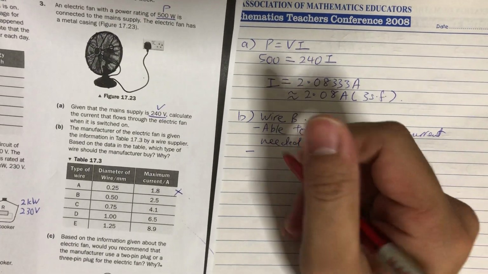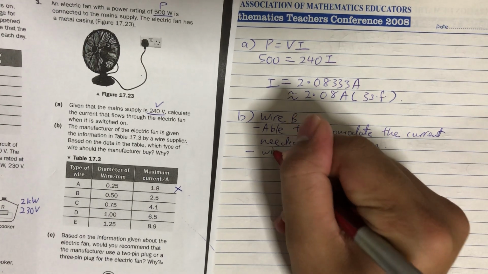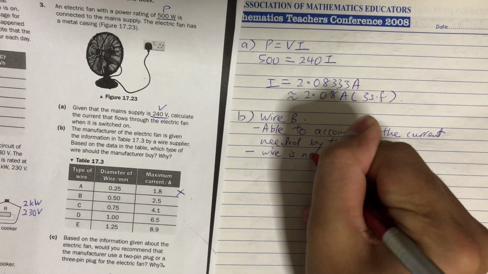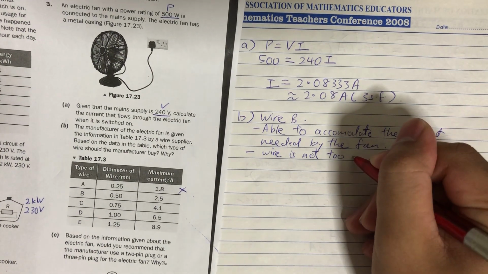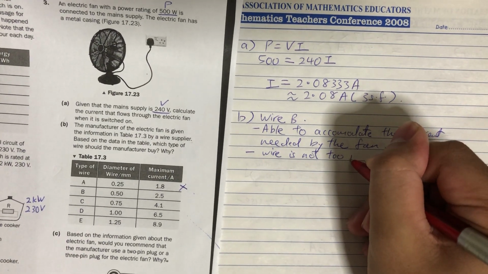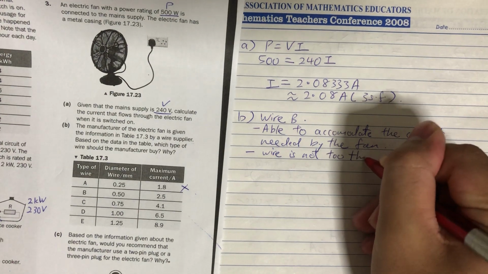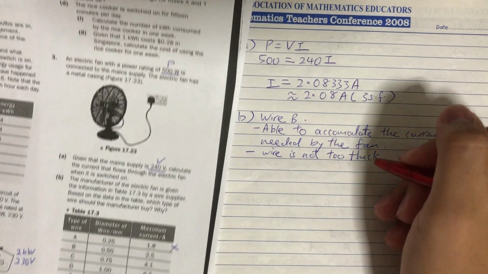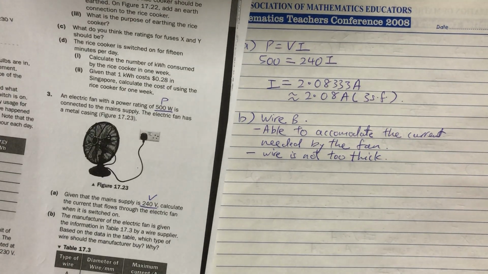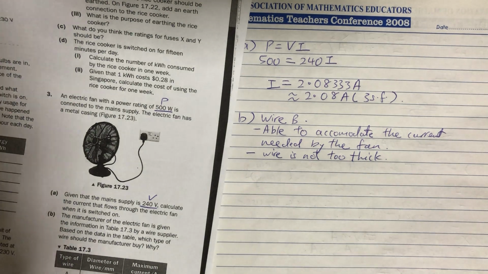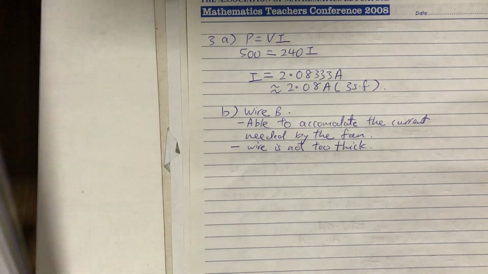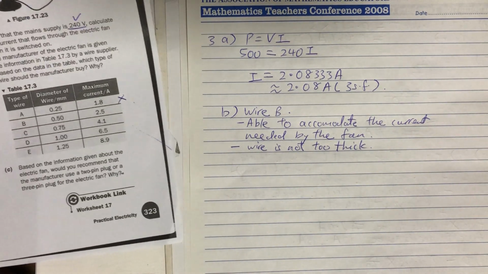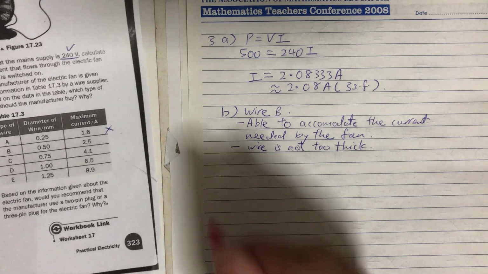Second consideration I have is the wire is not too thick. Okay, so think about it. In reality, do we really want a wire that is very thick, or do we want as thin a wire as possible? Okay, so those are considerations that you might want to think of when you are answering such questions. But of course, it's not limited to that. You are given your choice. Okay, so there are actually multiple answers here.